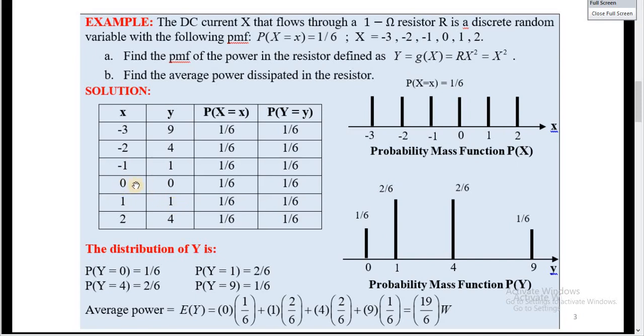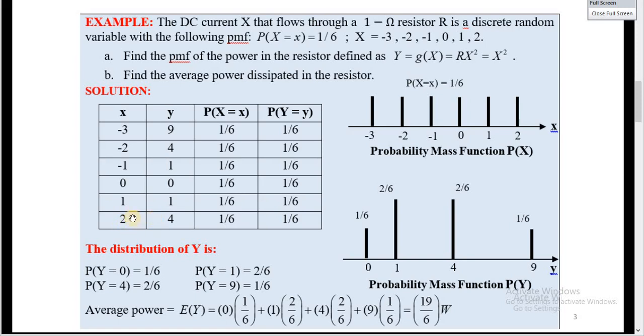As for the probability that y equals 0, it is the same as the probability that x is 0, and this equals 1 over 6. The same when y is 4. y equals 4 is a result of x equals minus 2 and also x equals 2.